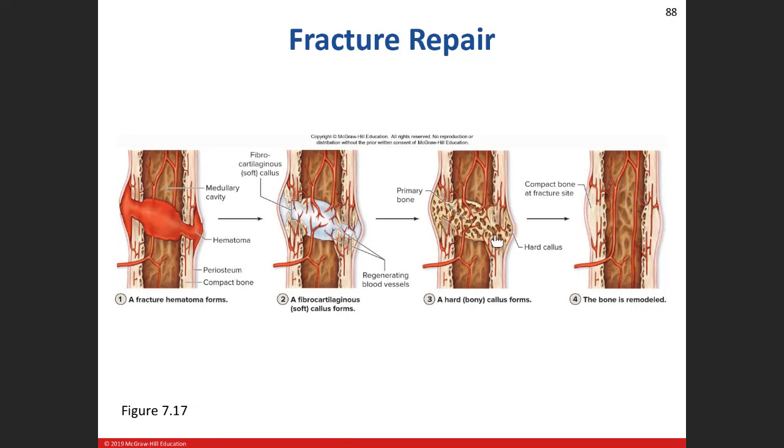But you can see how we had all this porous, cancellous bone here. That's that primary woven bone. At this phase, we've reestablished our compact bone and our medullary cavity, and then over weeks, months, this will all eventually go away and it will all look like it once did.